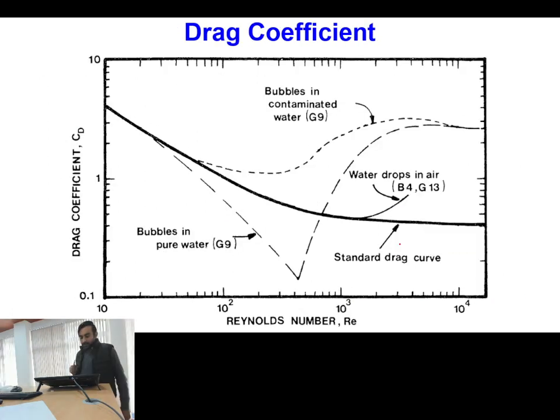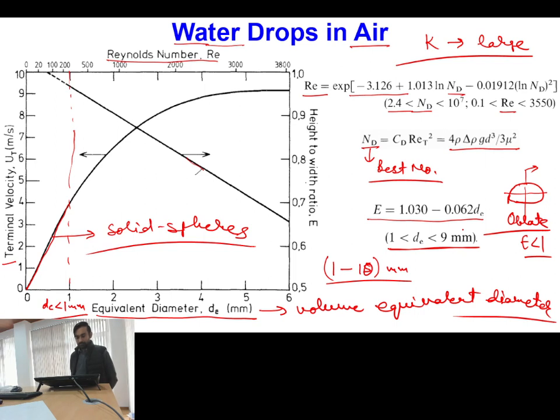Then when we are talking about water air system, of course we have to talk about the drag force. In terms of drag force, we can see that this thick black colored line is our standard drag curve. On the right hand side, this is for aspect ratio depending upon equivalent diameter.